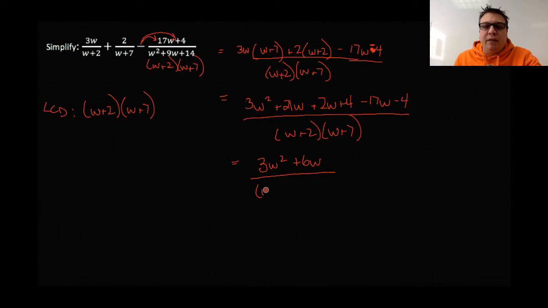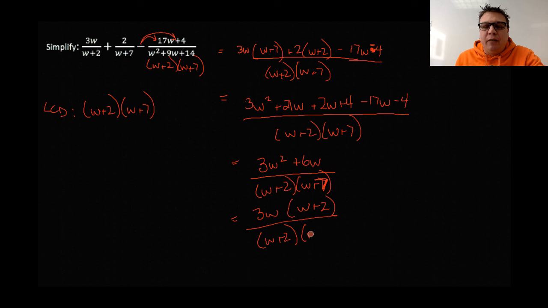So now I still have w plus 2 times w plus 7. All right, so now I can factor here. I can factor out a 3 out of both of those, and I can factor out a w. So now I get 3w times w plus 2. This is good because it looks like something's going bye-byes.